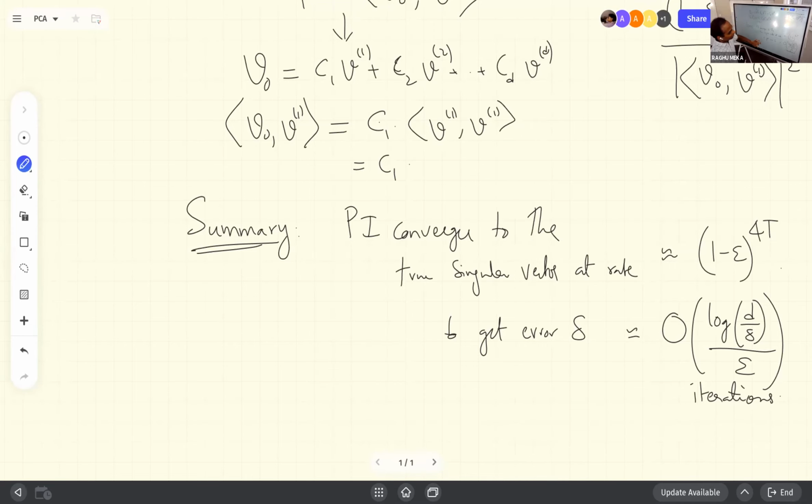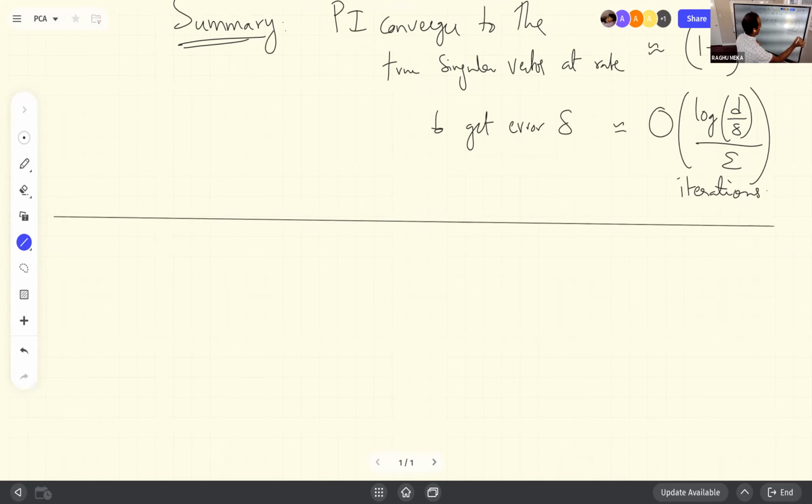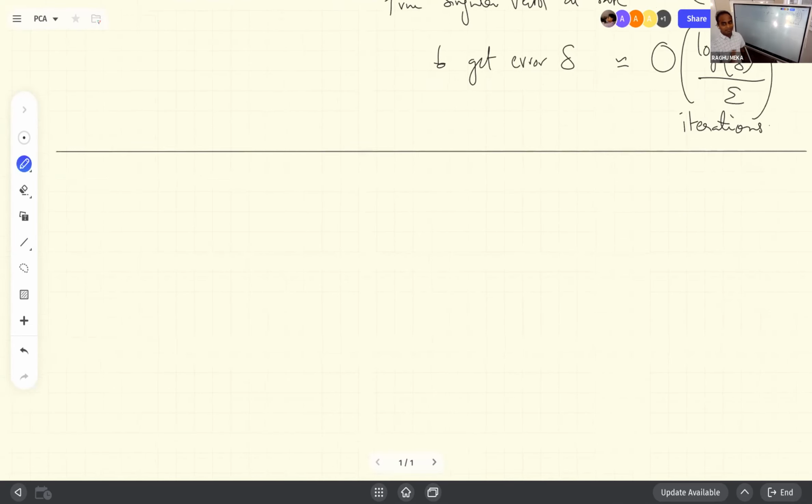Alright, let me now finish with some important aspects or features of the power iteration. The algorithm is extremely simple, but it's also very, very important. And the reason it's so important in data mining is the following.